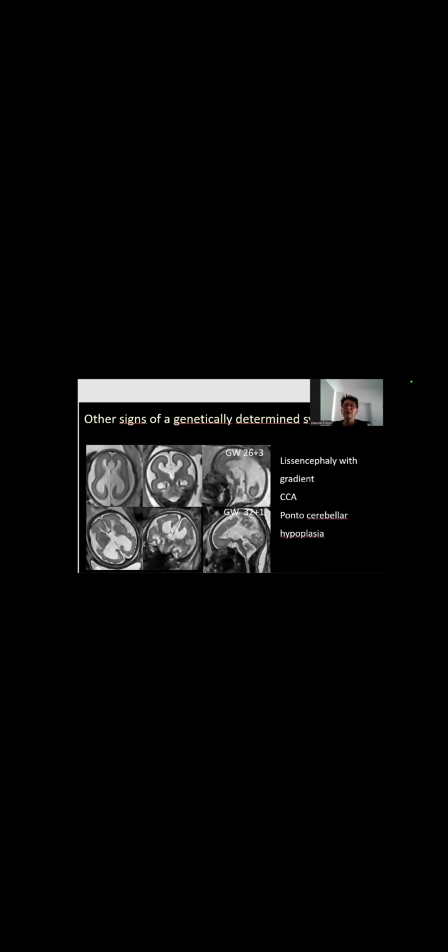Here is another example. We have a lissencephaly with the gradient. The frontal cortex is smooth, the posterior cortex not. The corpus callosum is missing, and there is pontocerebellar hypoplasia. And of course, we thought of type 2 tubulinopathy, but this was not the case. We needed another pregnancy to make the diagnosis.